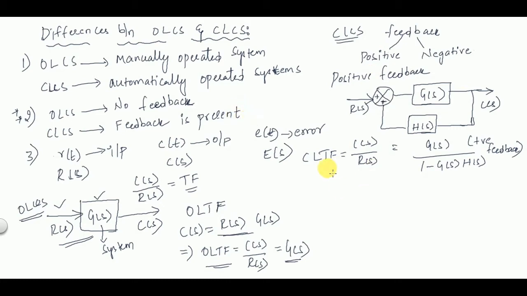The important point to be noted is the phase shift between G of S and H of S, that is, the controller and the feedback network. It is going to be 0 degrees or 360 degrees in the case of positive feedback.